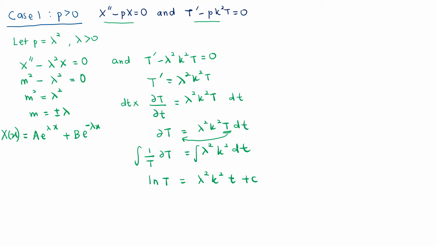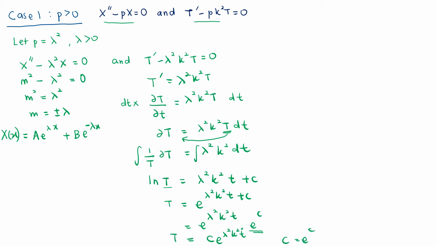So we want to solve only for t, then we can take the exponential of both sides, and we get exponential of lambda square k square t plus c. Or we can rewrite this as e to the power of lambda square k square t times e to the power of c. Since this is a constant, we substitute this as C e to the power of lambda square k square t, where C is equal to e to the power of c.